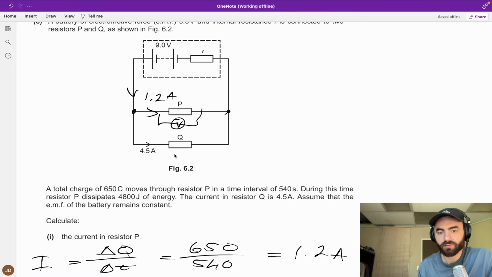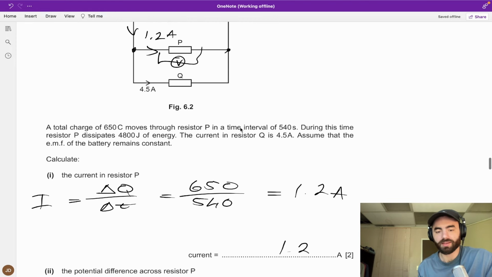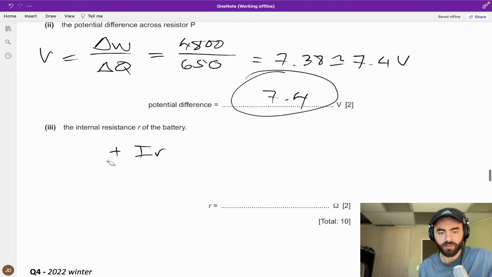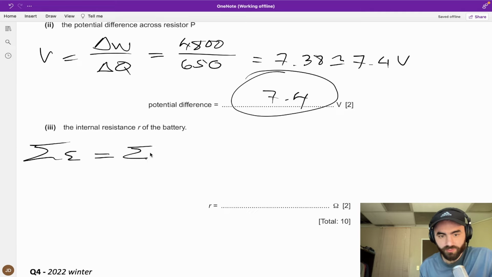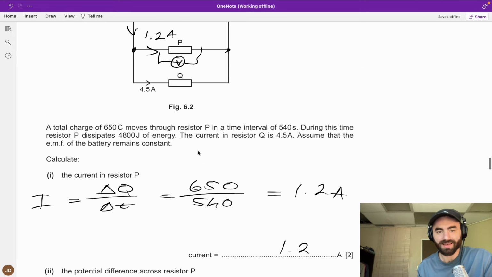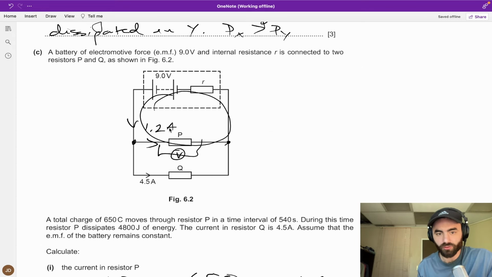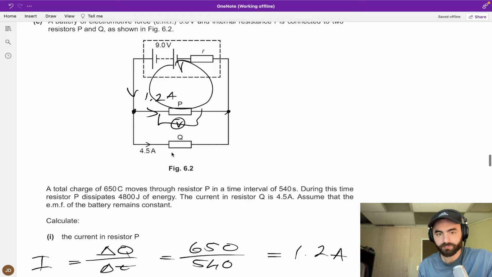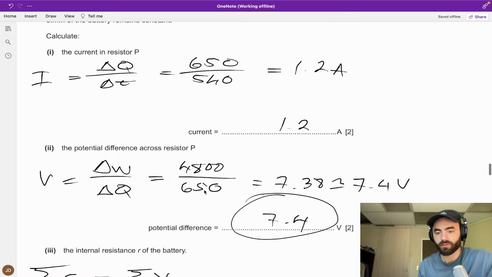The sum of the EMFs equals the sum of the potential differences in a closed loop. If you were to combine them it would be the same thing, but in this closed loop it doesn't mean the 9 equals 7, because there's 7.4 down here and 7.4 down here.